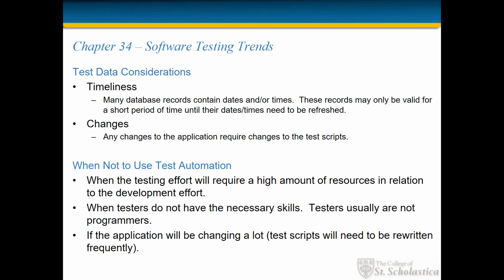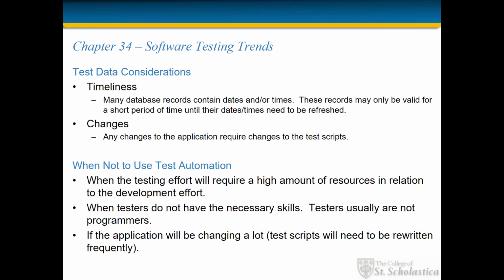Or if you've got reports, it's pretty standard that you would send out invoices for people who have current accounts, people who are 30 days past due, 60 days, 90 days, and so on. Well, if that's all based on a timestamp, that means every month when you're testing, your data is getting older. Eventually, all your test data is going to be 90 plus days past due, and there's not going to be anybody who's current. That can really affect your test, and you won't be able to test unless you do something.